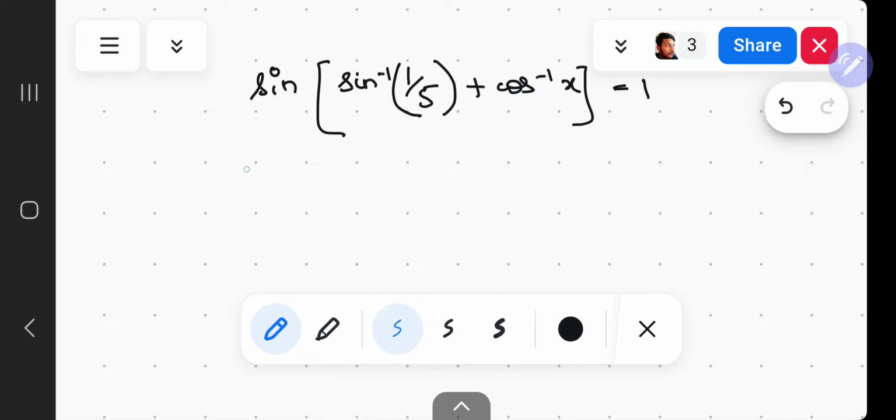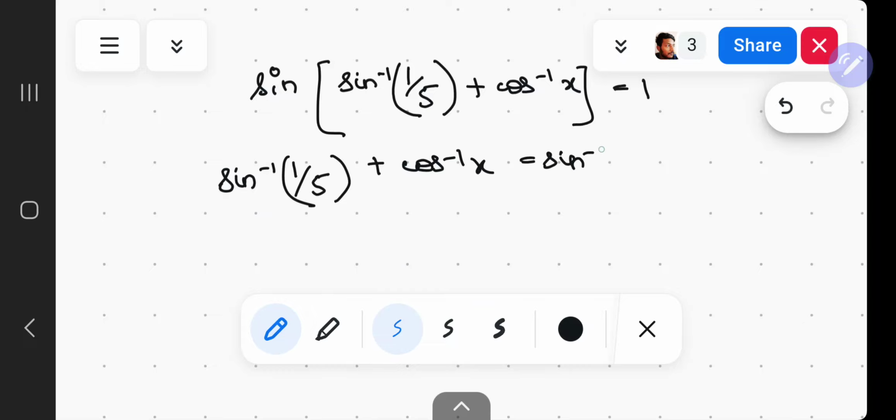So we have to find the value of x. So we'll transfer sine to that side. So we'll have sine inverse 1 over 5 plus cos inverse x is equal to sine inverse 1.